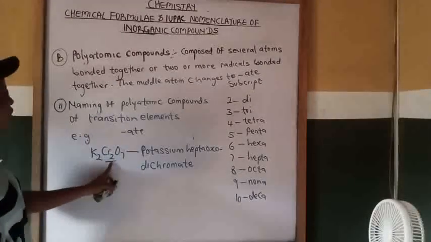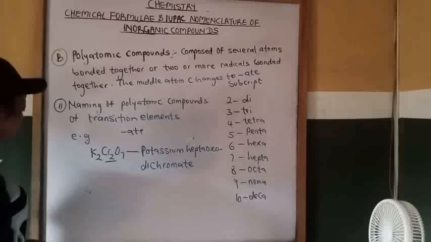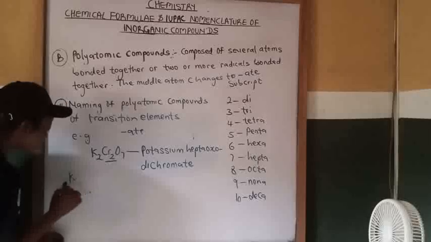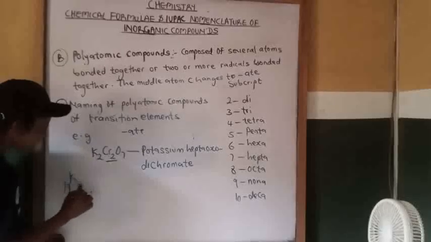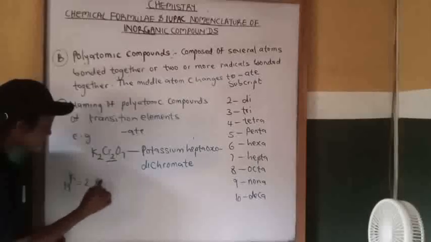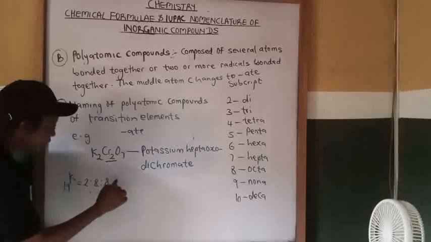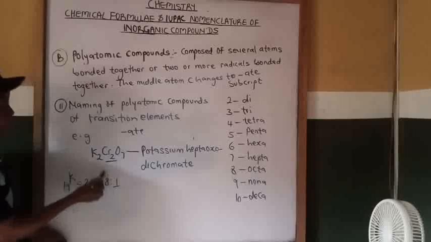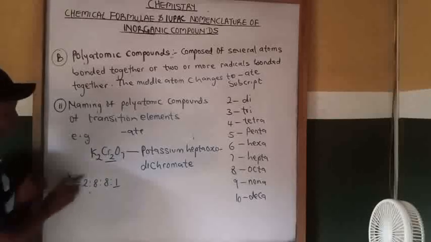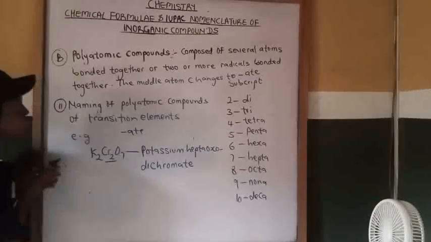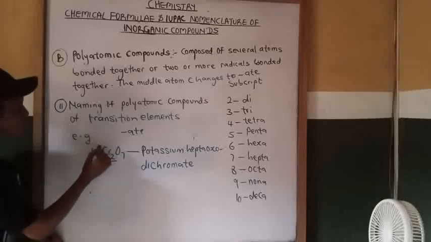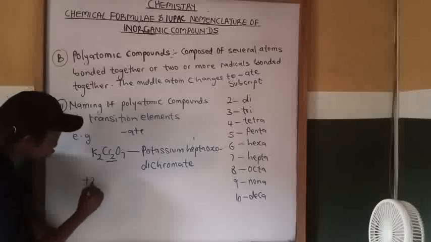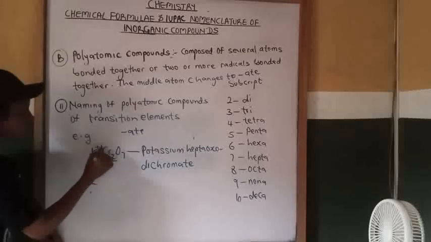Let's calculate the oxidation number of chromate from this compound. What is the charge on potassium? Potassium is number 19, with configuration 2:8:8:1, so the valence electron for potassium is 1. Therefore, the charge on potassium is +1.